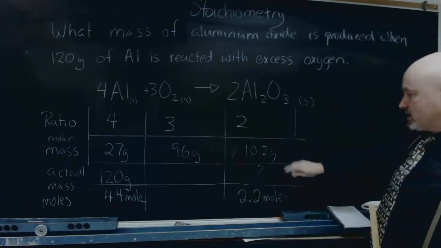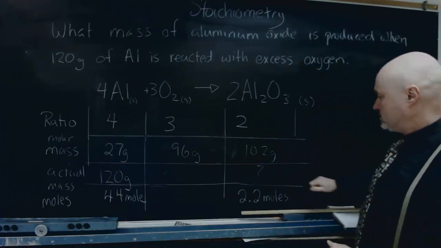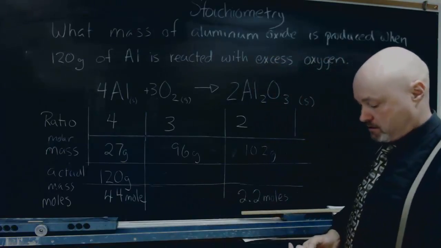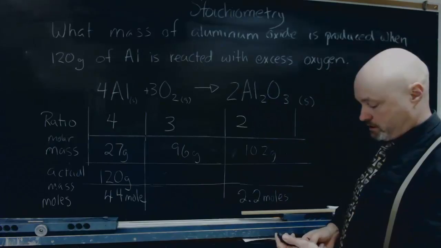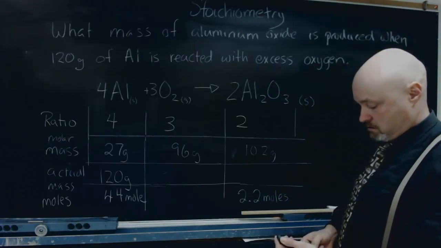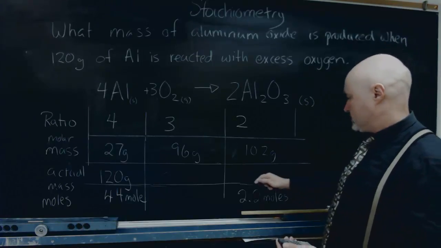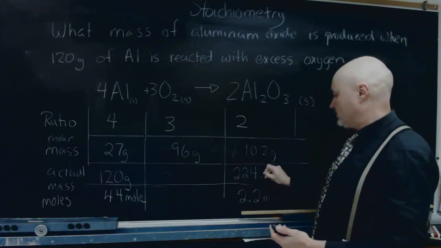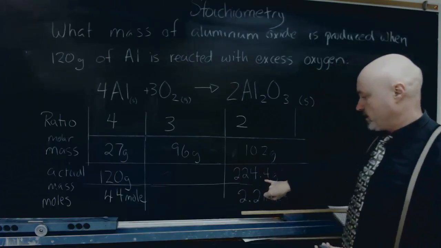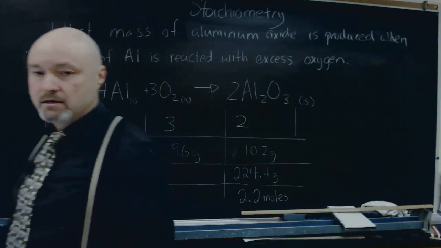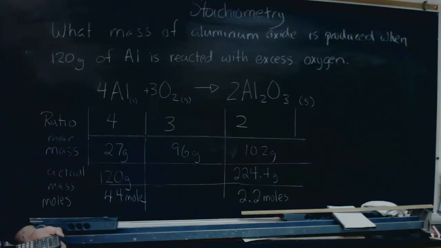Every mole of aluminum oxide weighs 102 grams, and so all I need to do is multiply 2.2 by 102. And so there are 224.4, which is one more digit than I really should be carrying, 224.4 grams of aluminum oxide produced.